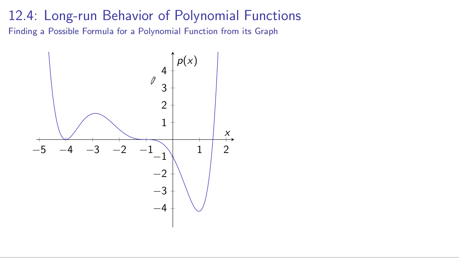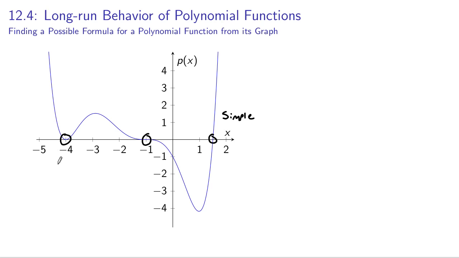So let's find a possible formula. We first look at our zeros. Looks like we have zeros at minus 4, 1, and this looks like 1.5. Now this is a simple 0 here. So this is not going to be x to the fourth, because there are multiple zeros here. Look, this one hits the axis and bounces.